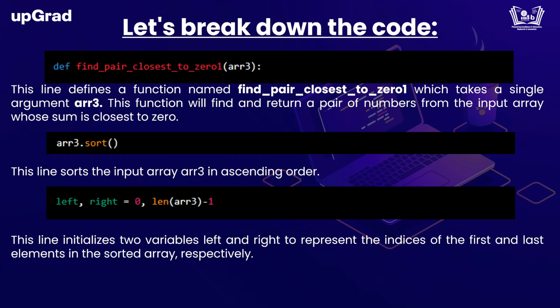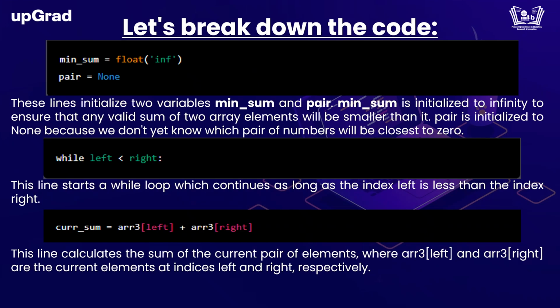Moving forward to the other lines of code, the two variables minimum sum and pair are initialized.